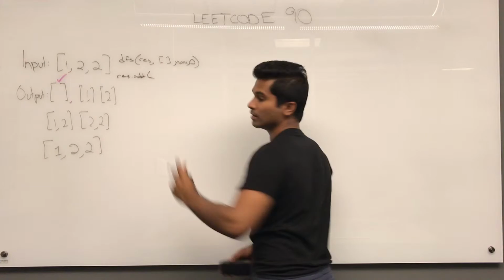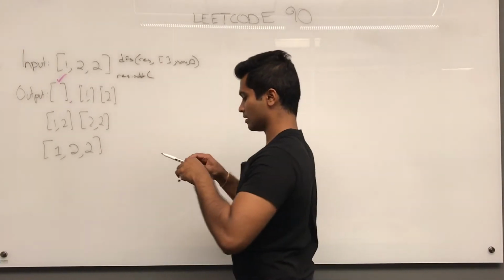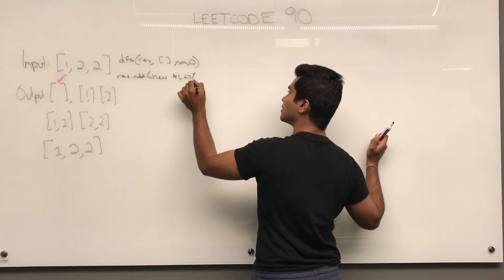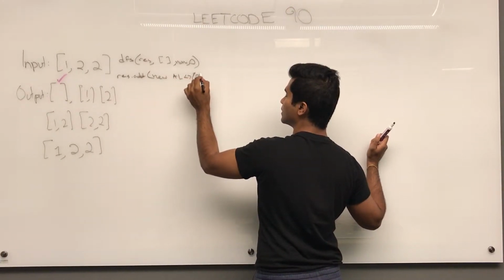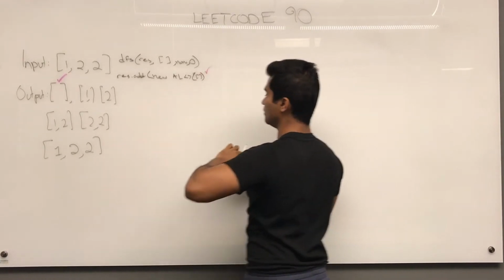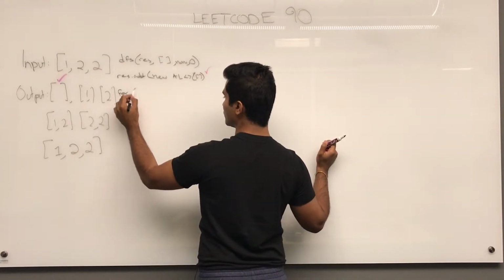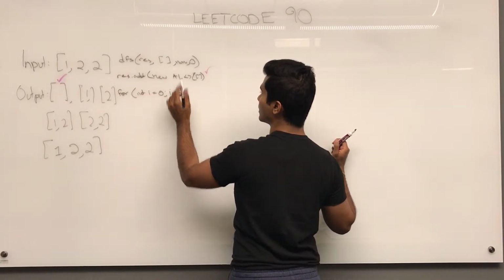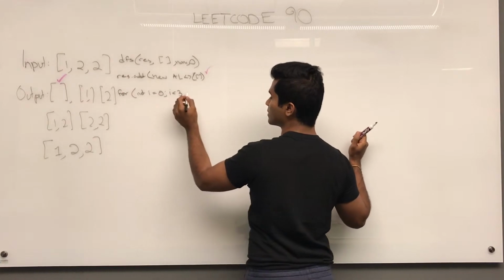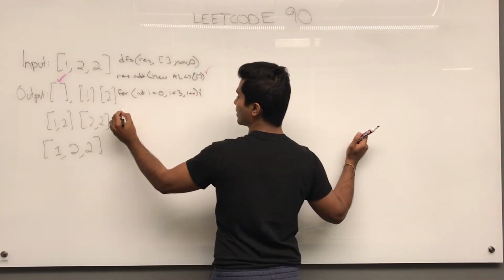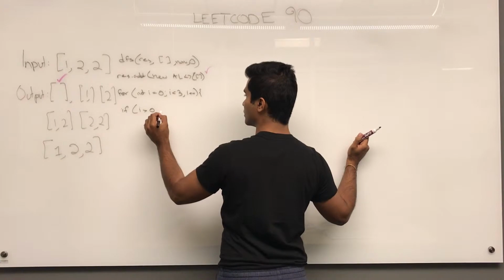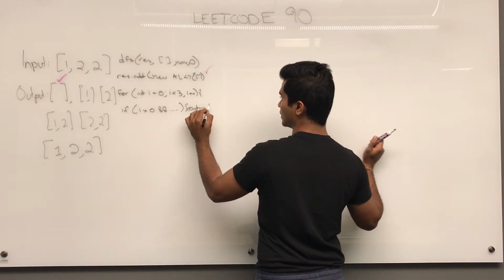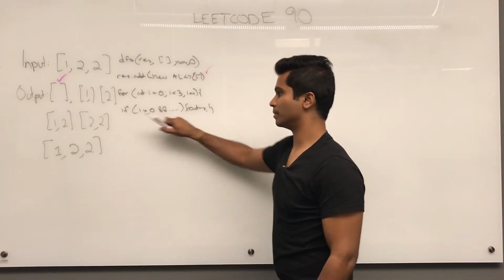Res.add new array list. This one. So this is how we get our first one. Then we do our for loop for int i is equal to 0, i is less than 3, because nums length is always going to be 3, i plus plus. If i is greater than 0 and blah blah blah, then we continue. We don't need to continue at this point, that's why I'm just writing it like that.